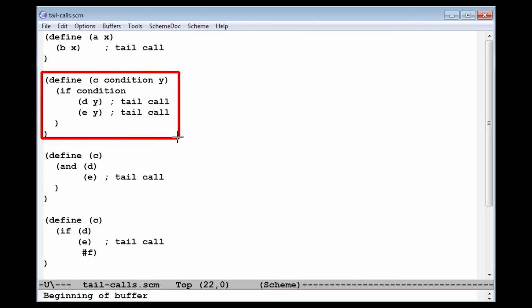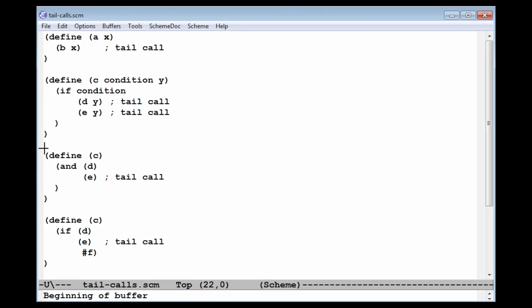In this function, we use a special form if. Either d or e is called, and both of them are tail calls, so there is no need to keep the stack frame of c when either d or e is called.